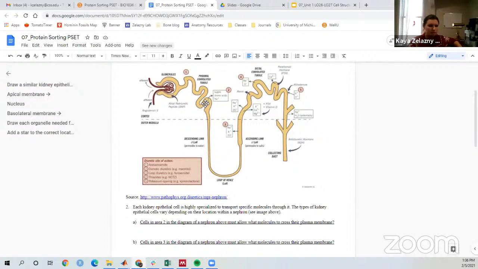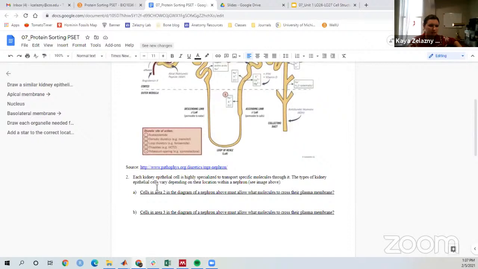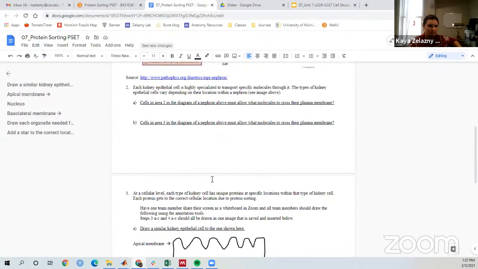So we'll see that different things can cross membranes in different regions. So we're asking you to go through and look at specific points here in our little kidney diagram to see what can go across the membrane. That's in boxes. So you're really just doing a guided reading of this diagram for number 2.